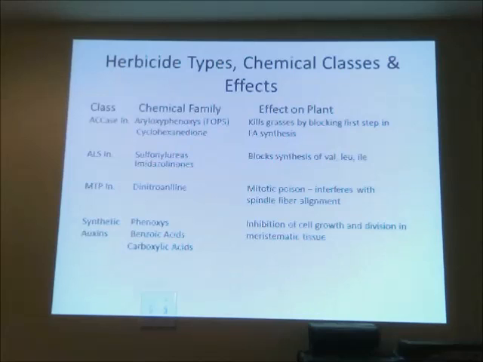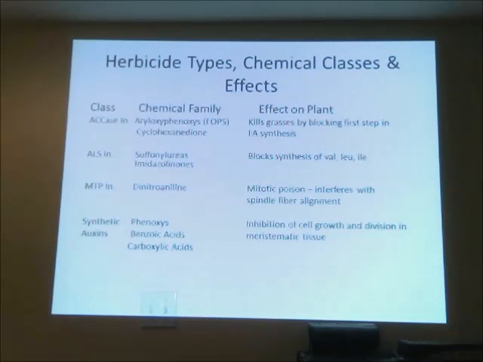So this first category are called acetyl coenzyme A carboxylase inhibitors, ACCase inhibitors. And these compounds, the aryloxyphenoxys and the cyclohexanediones, are effective on monocotyledonous plants, that's grasses, and they kill these things by blocking the initial step in fatty acid synthesis.